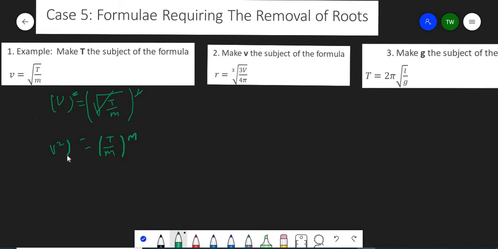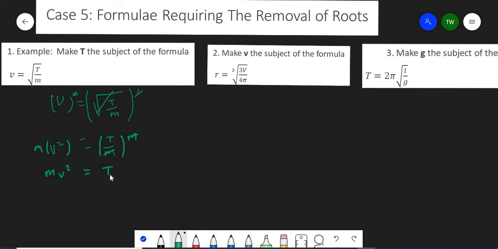Going to multiply this side by m as well. Now clearly here, m in the denominator will cancel out m here in the numerator. So what we're left with here is just t is equal to m v squared.